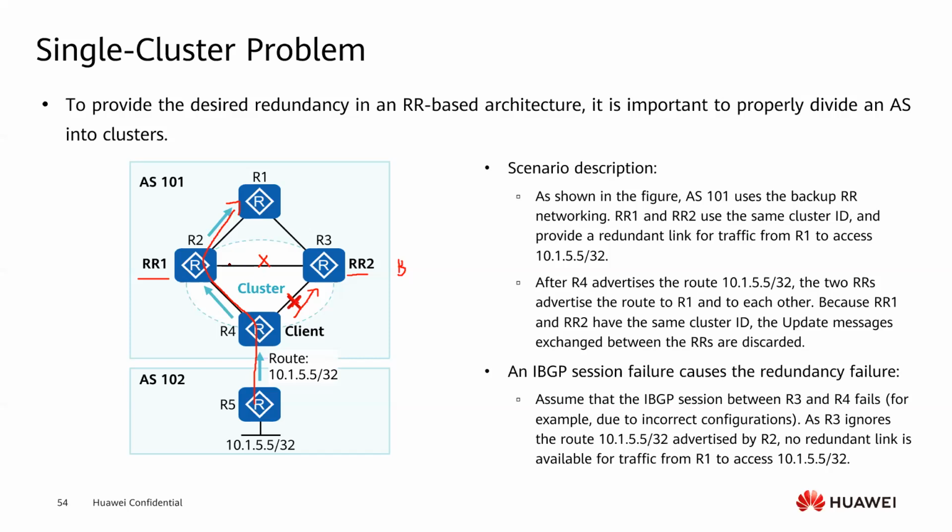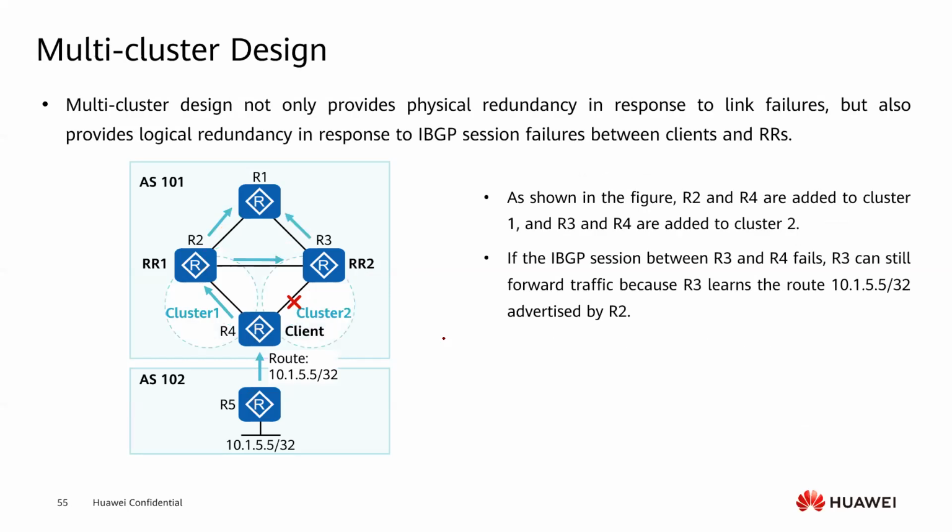So although you have the redundant link, the backup link, this link is not used in this scenario to send this route. So this is not the best way to do it in the network. So you can separate the cluster.